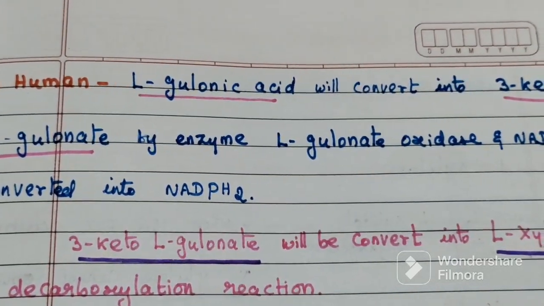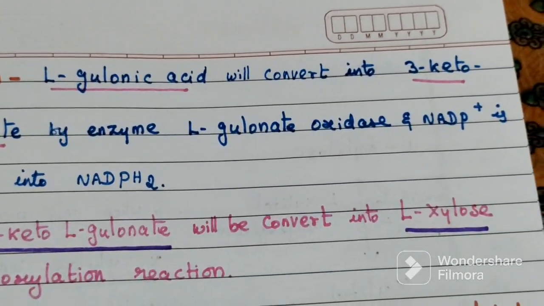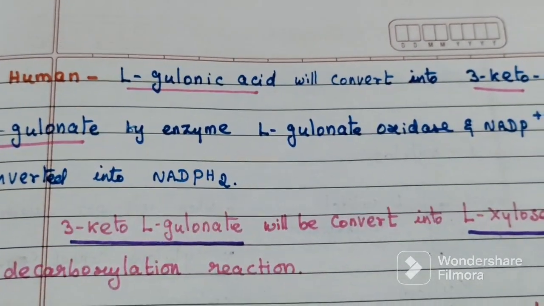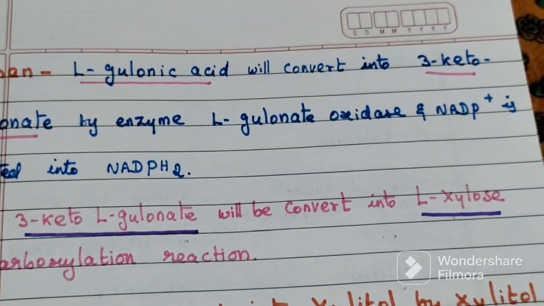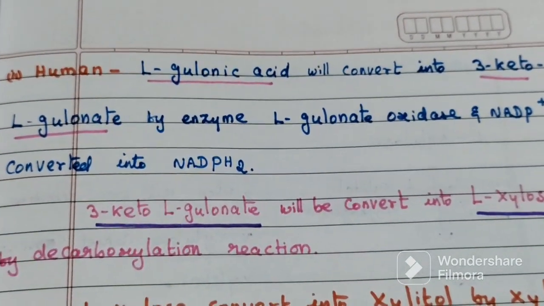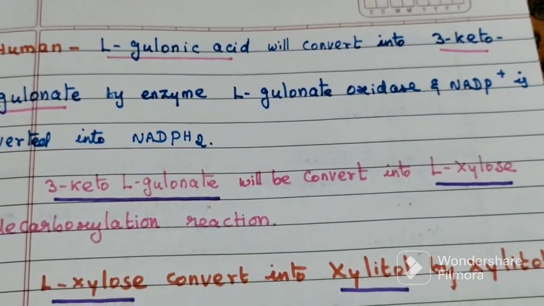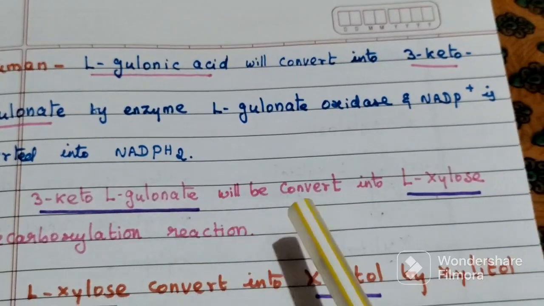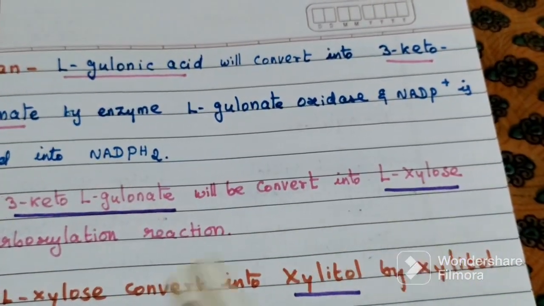In humans, L-gulonic acid is converted into 3-keto L-gulonate by the enzyme L-gulonate oxidase. Here NADP is converted into NADPH2. Then this 3-keto L-gulonate is converted into L-xylulose.